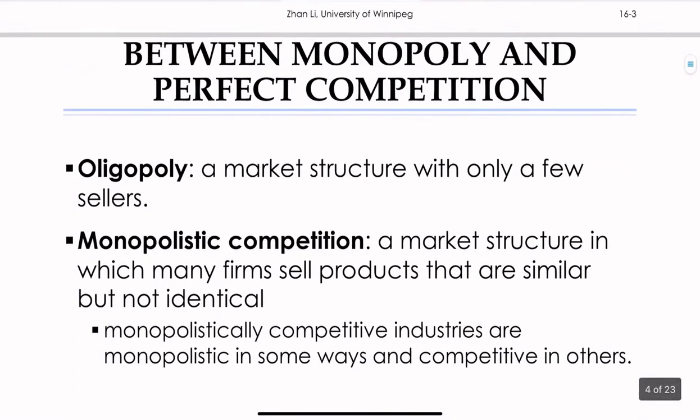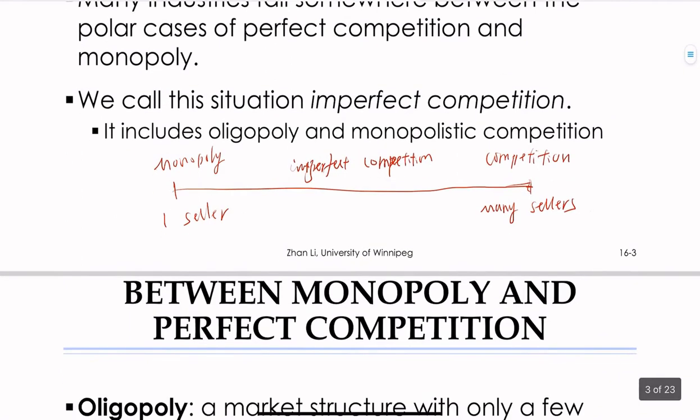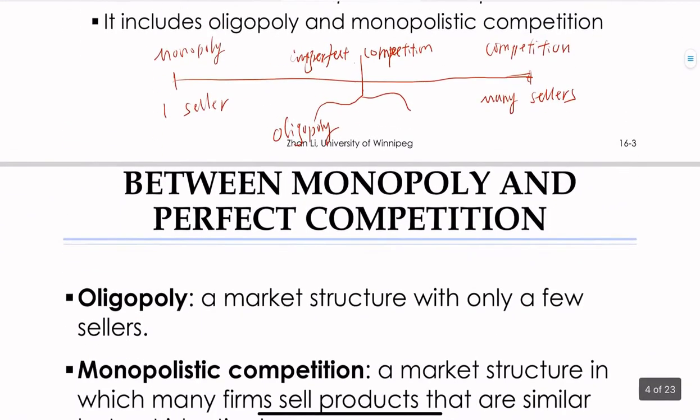There are two kinds of market structures about this imperfect competition. The first is called oligopoly, and the second is called monopolistic competition.